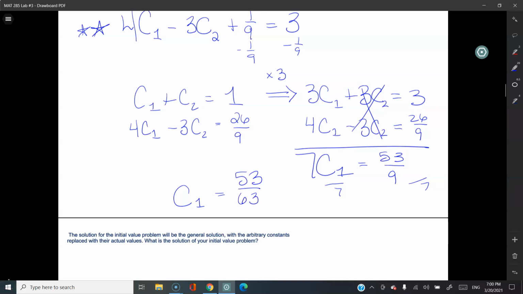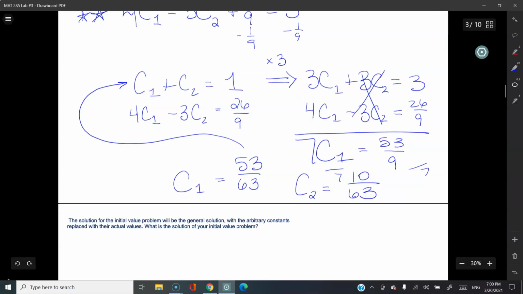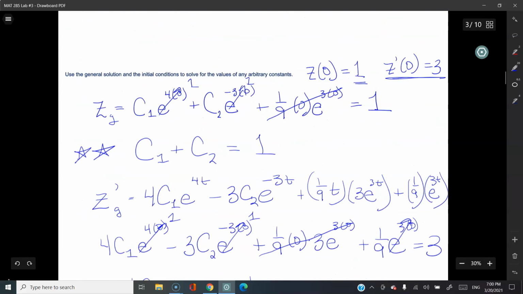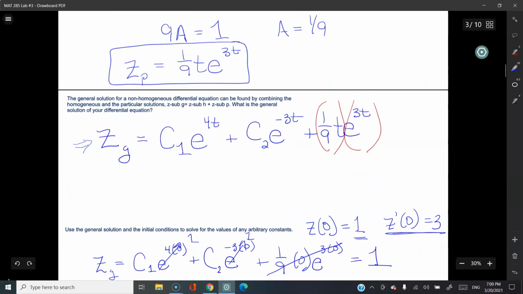We can use this information to plug it back into c1 plus c2 equals 1 and solve for c2, and that tells me that the c2 value must be 10 over 63 because they have to add together to make 1. Now that we know these c values, we can plug them back into that general solution, and we will have a solution to the initial value problem.